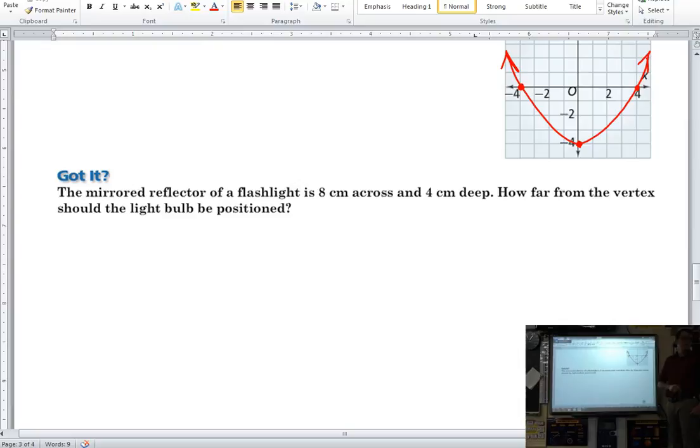Hey guys, have you solved this? Quit slacking. What are you trying to solve for? We are trying to write the equation to figure out where our focus is. So I'm going to copy down some of the important stuff.